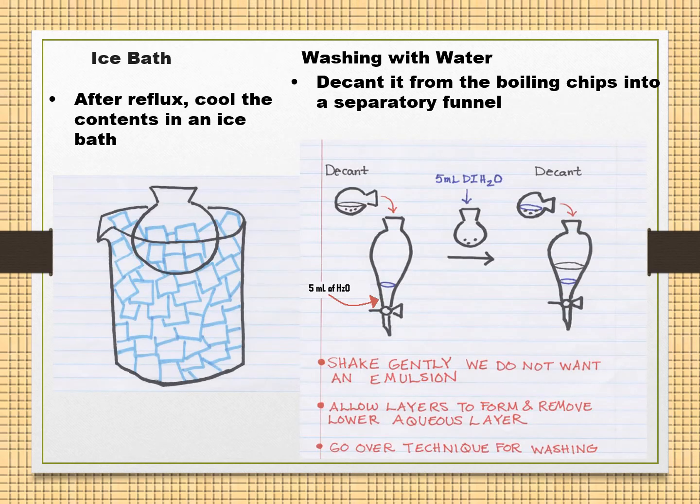So once we are done with the reflux, we just cool the reaction mixture in an ice bath, and then we proceed to the washing step. In the washing step, we'll be washing with distilled water, and to do that, you first have to transfer your sample into a separatory funnel.